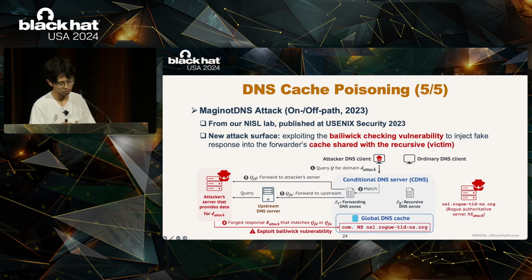The root cause is that the forwarding DNS servers do not strictly follow bailiwick tracking, and the forwarding server and the recursive server share the global DNS cache. So the attacker can poison the cache of the forwarder's DNS server, and thereby still poison the recursive DNS cache.